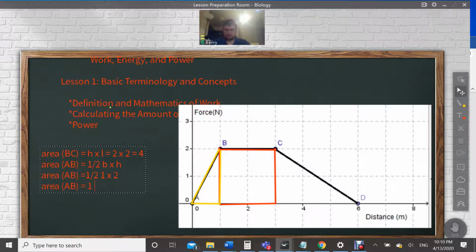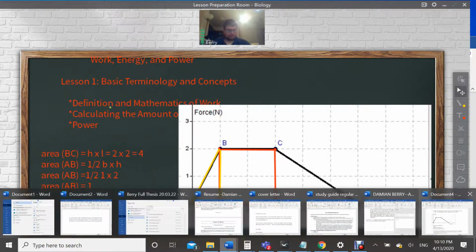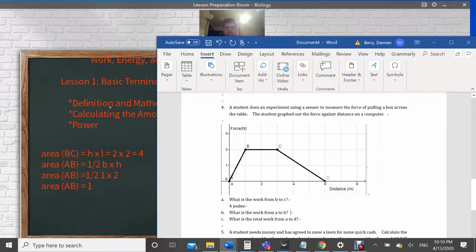It's just going to give us 1. So from A to B, it's going to be 1 joule.